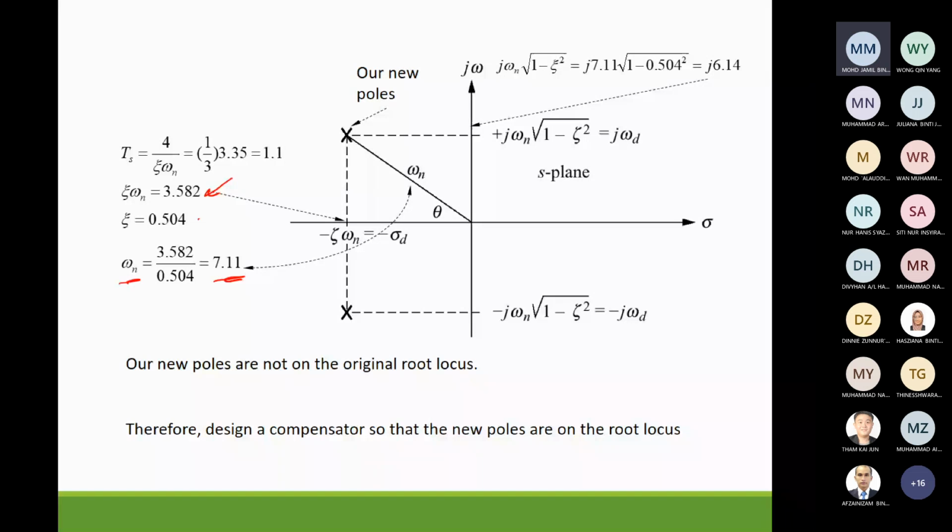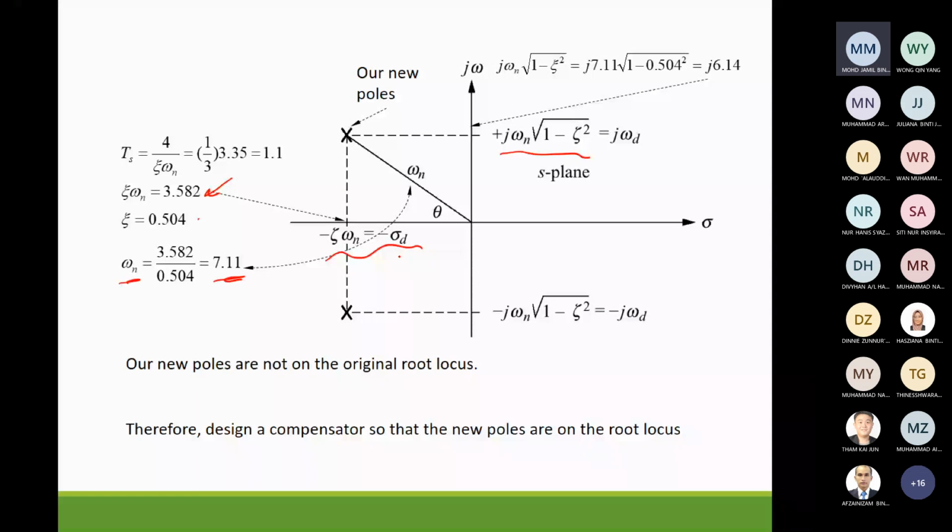So you can determine the new poles, or the new dominant poles, using the formula here. This formula is actually in the first few slides of this lecture, you can refer to that later.